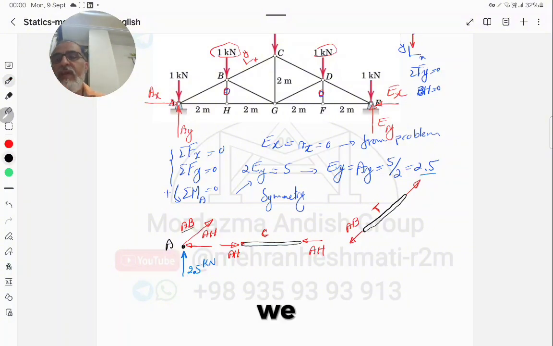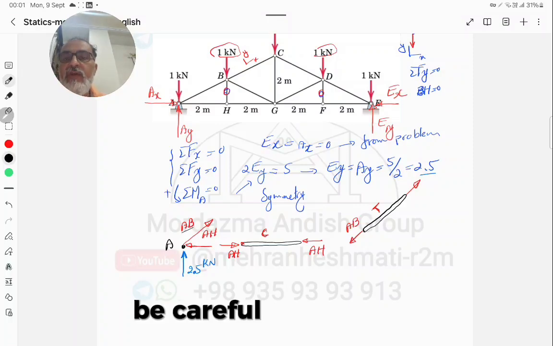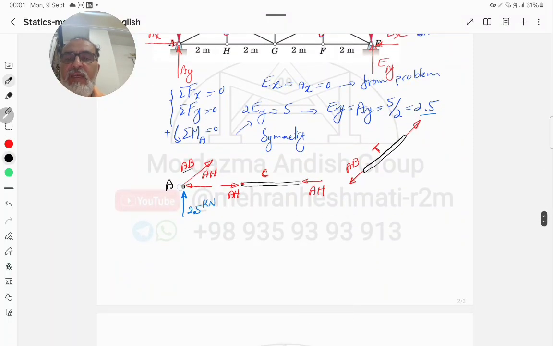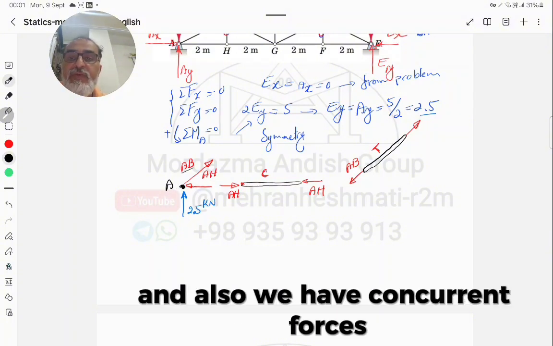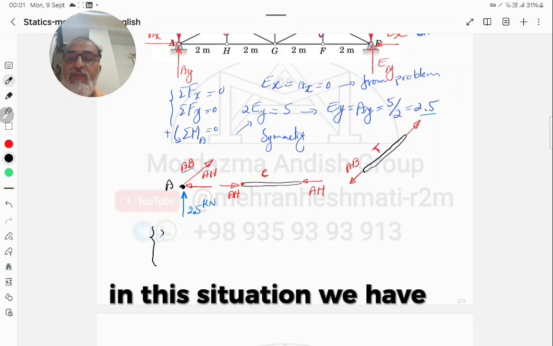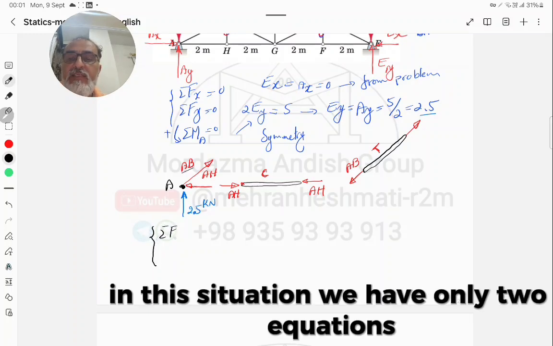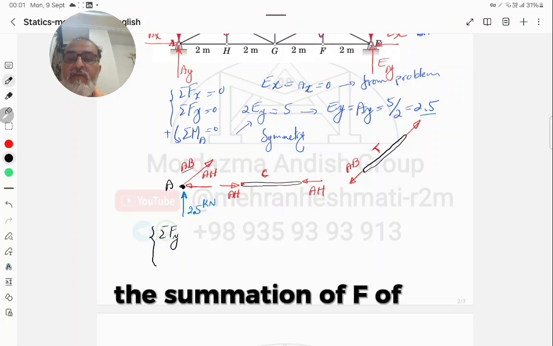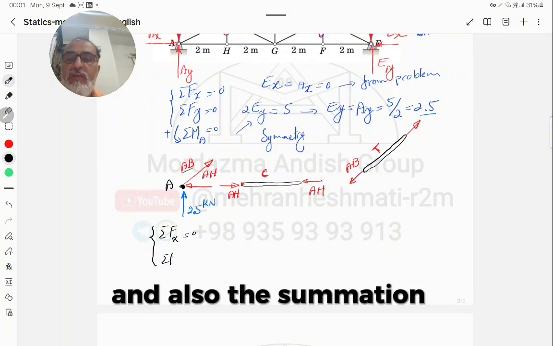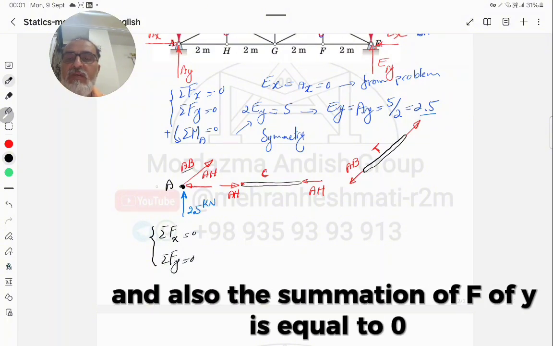So we have to be careful about this situation. And here A is a particle, and also we have concurrent forces. In this situation we have only two equations. The summation of F of x is equal to 0, and also the summation of F of y is equal to 0.